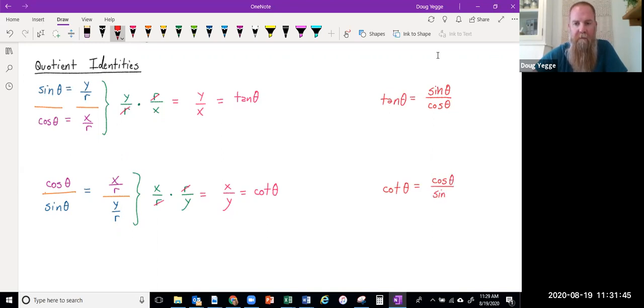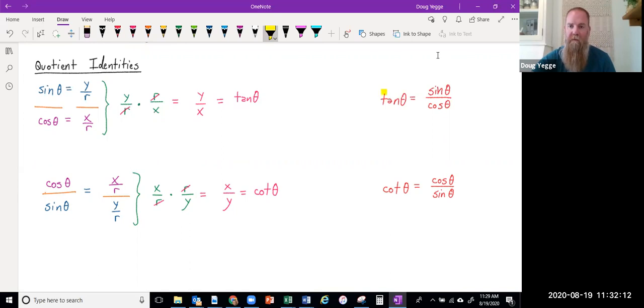And if we now combine together the reciprocal identities and these two quotient identities, it should make sense that if tangent theta and cotangent theta are reciprocal functions, that if tangent theta is sine theta over cosine theta, cotangent must be its reciprocal. So that shouldn't be too surprising. But notice that in this particular case, we now have a few more identities.